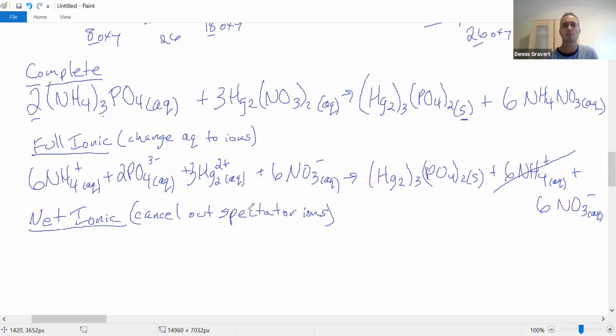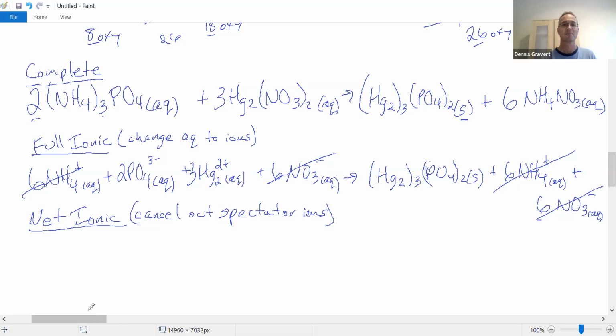So a little slash through that to remind you, don't copy that. It doesn't exist in the net ionic equation. Phosphates, you guys doing anything? PO4 3 minus was aqueous. Ooh, but afterwards it's solid. Yes, you guys stay, you did something, you changed. Mercury I 2 plus, aqueous. Hey, you guys stick around too, you're in the solid. You changed. But these 6 nitrates, you guys did nothing. You're just watching mercury and phosphate form solids.